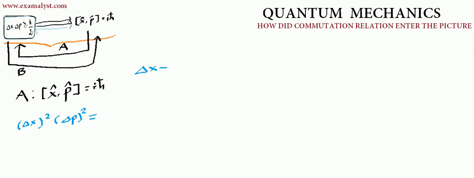The uncertainty in x was x minus the expectation value of x. Agreed? And we were actually taking the square of the entire term. So the square of this is the square of that.